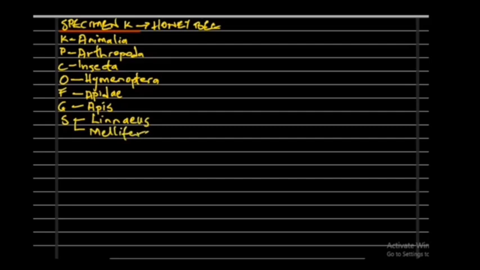Let me use the first one as my scientific name, so I'll have Apis linnaeus, or if it is the second one, Apis mellifera. So it is either of these two that we'll have as a scientific name, and we make sure that we have it underlined separately like this, not joining the words. So that is about the scientific classification of this organism.